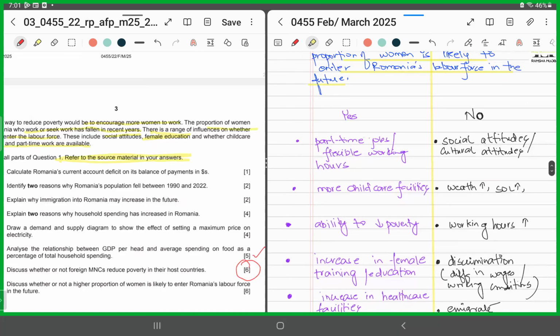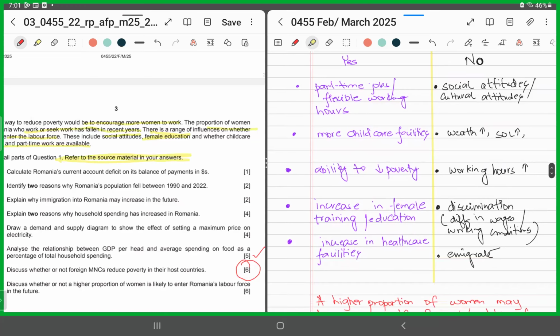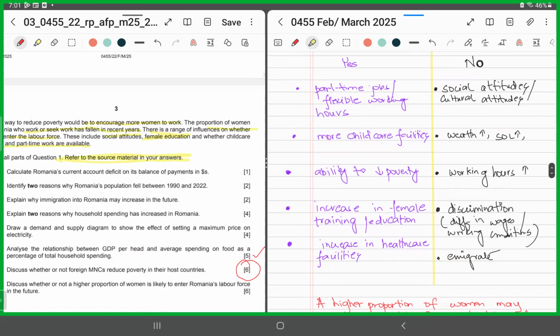However, if the social attitudes are negative and they are not encouraged by society to be a part of the labor force, the chances are low that they would be a part of it. It could also be that since the poverty level is reducing, it would no longer be required for females to be a part of the labor force, and the standard of living would be better off without them being a part of it.